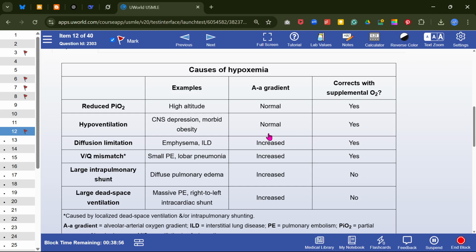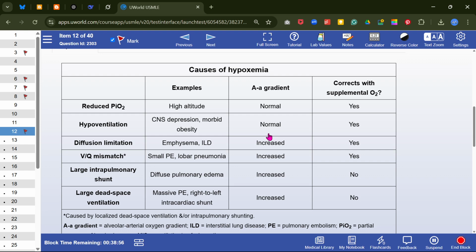VQ mismatch, small pulmonary embolism, lobar pneumonia, AA gradient is increased and it corrects with supplemental oxygen. Large intrapulmonary shunt, example is diffuse pulmonary edema, where AA gradient is increased and it does not correct with supplemental oxygen.